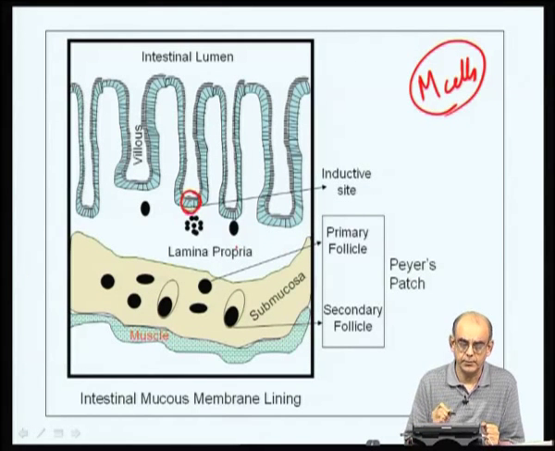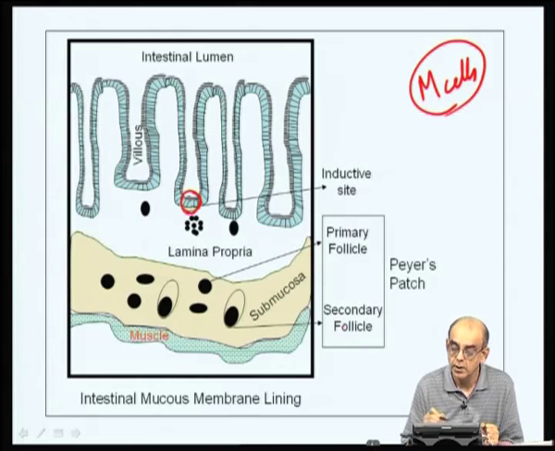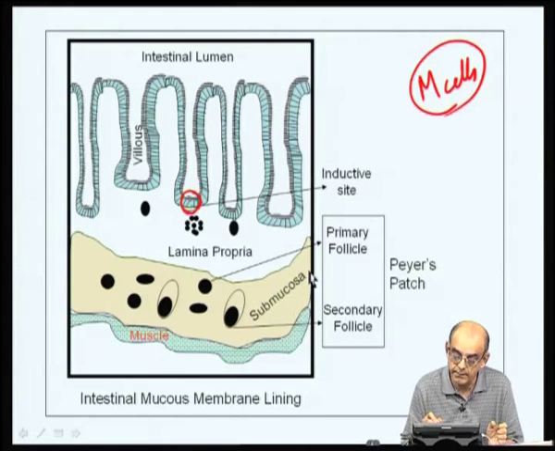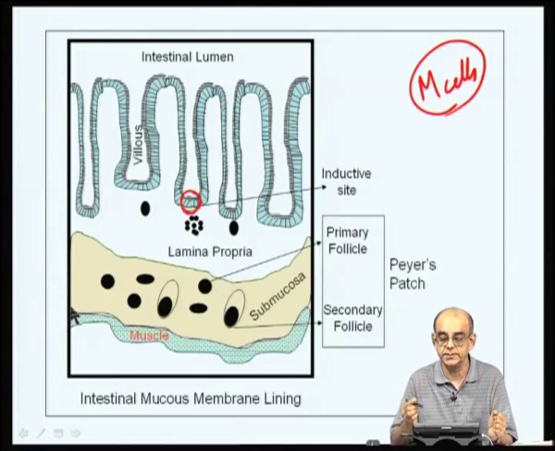Beneath the lamina propria, you have a much more organized lymph node structure containing the primary follicle and the secondary follicle, which actually make up the Peyer's patch, which is found in the layer called the submucosa, under which there is of course the muscle that lines your intestine.